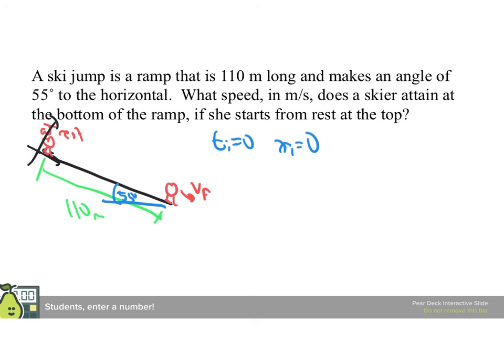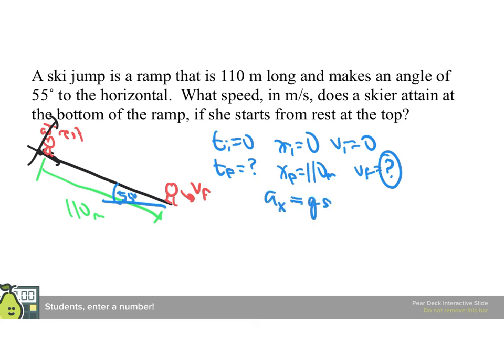All right, this is our origin, and then v_i is 0 because they told us that. And t_f is unknown, but x_f is known to be 110, and v_f is unknown, but it is what I want. And then there would be a_x, and a_x is g sine theta, which turns out to be 8.03 meters per second squared when you actually type in the numbers.